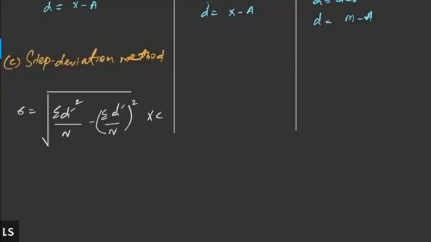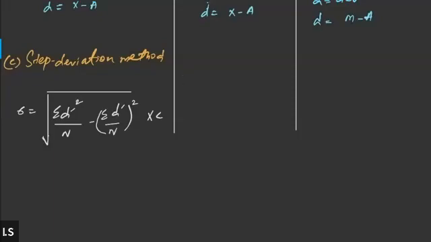The common factor will be beyond the under root. It is not within the under root. All these values are within the under root, but the common factor will be written outside the under root. Is this clear to you?